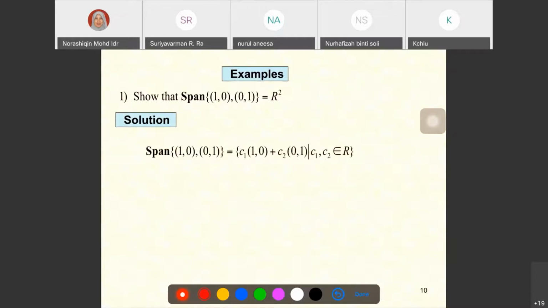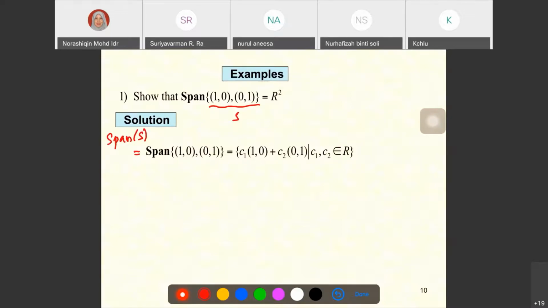We find the C's. It means that (1, 0), (0, 1) is a linear combination. If we call this S, this is span S, equal to the span of (1, 0), (0, 1).